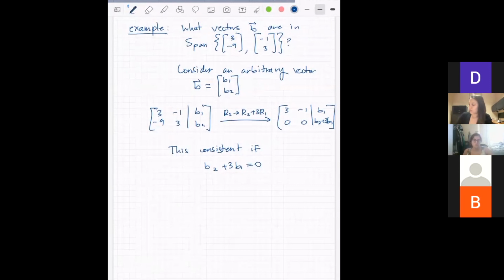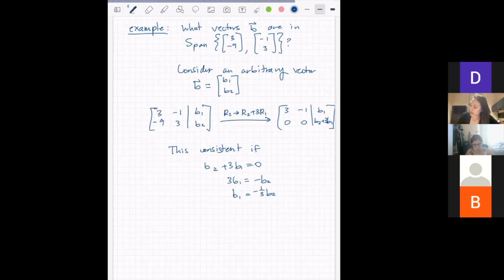So just solving for b1 in terms of b2, this means that b1 should be negative 1/3 of b2, right?